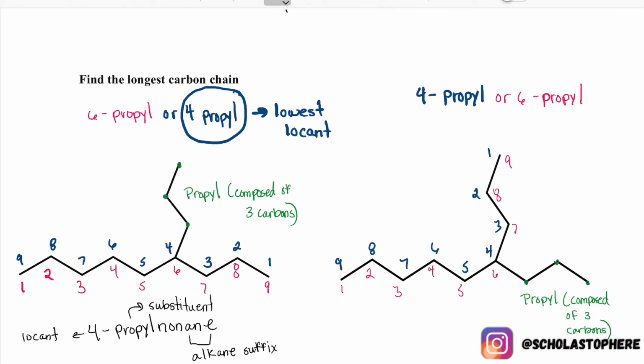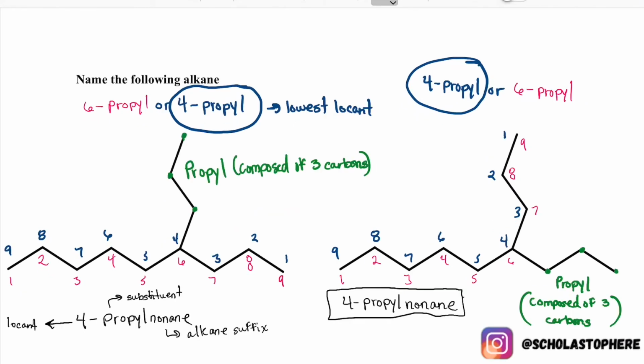However, when you number starting from the top or vertical in blue, going all the way down and back left, the substituent group falls on the number 4. So again, 4 is lower than 6. So the final answer for this image on the right side of the screen is going to be 4-propylnonane.